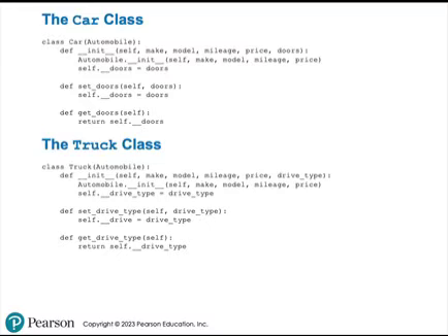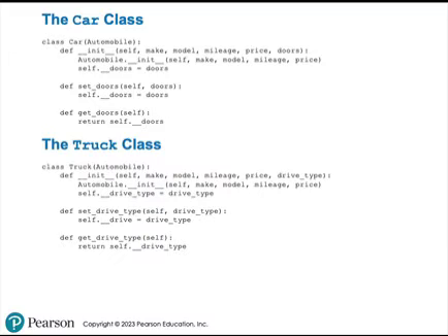We call the init, which calls the automobile's init, and then it's going to set the number of doors. And then we have all the methods we had before for make, model, mileage, and price. But one thing that's specific to the car class is that doors data attribute.